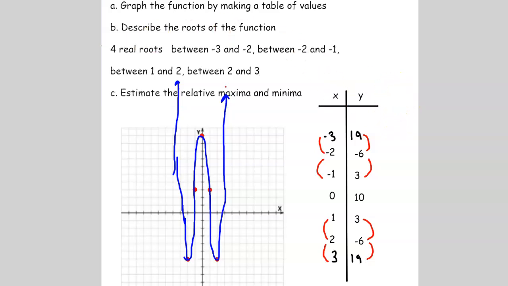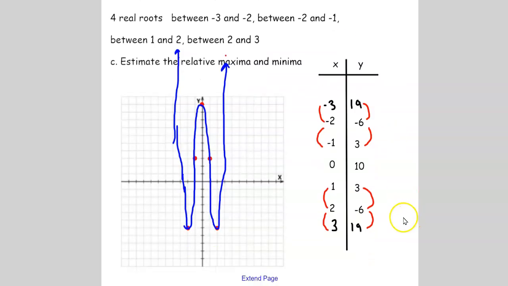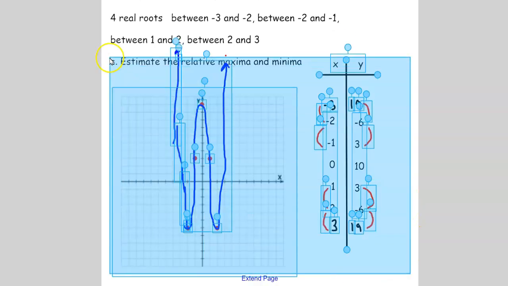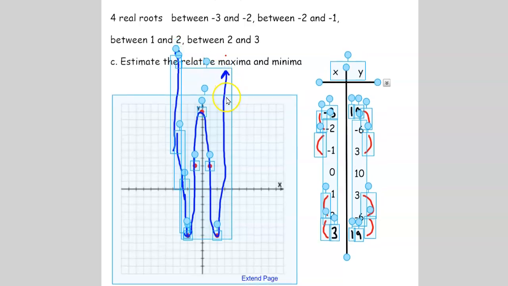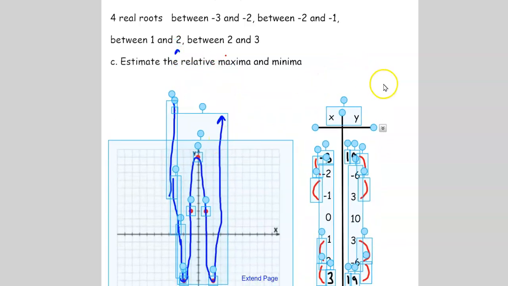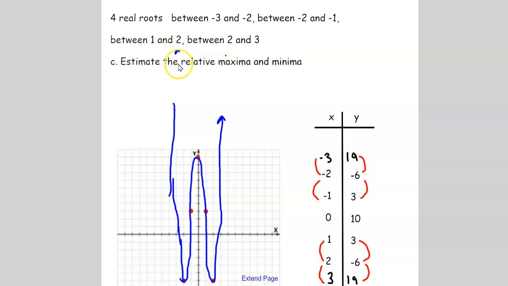If we're looking at the relative maxima and minima, let me slide all of this a little bit and give myself some space here. That means I'm, again, looking for where I turned, what those points were. You can have more than one of either one.